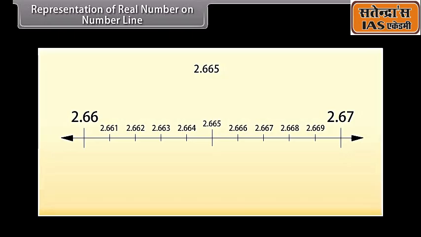The first part represents 2.661. The second part represents 2.662, and so on. 2.665 is the fifth mark in these subdivisions. This process of visualization of representation of numbers on number line is called the process of successive magnification.